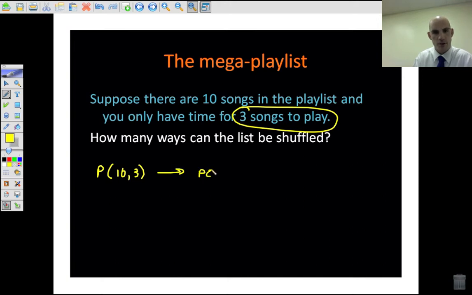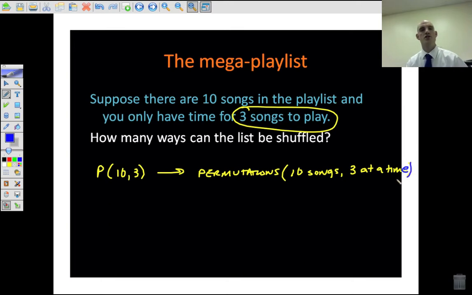What this means is the permutations of 10 songs, 3 at a time, because we don't know exactly what songs are going to be chosen. So we're going to take all of the possibilities of these 10 songs, chosen 3 at a time, because we have to consider all of the sets of 3, not just one set of 3. Okay, so that's what we're going to be looking at right now.